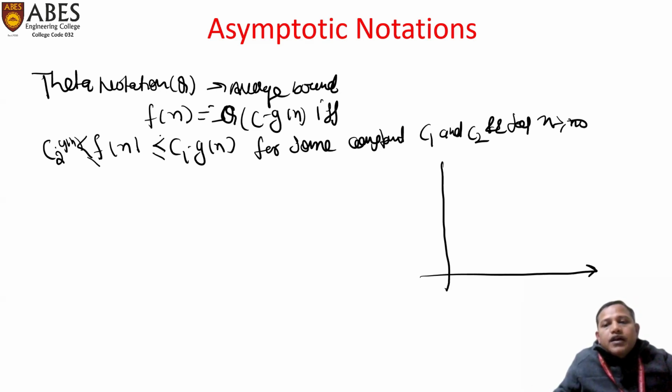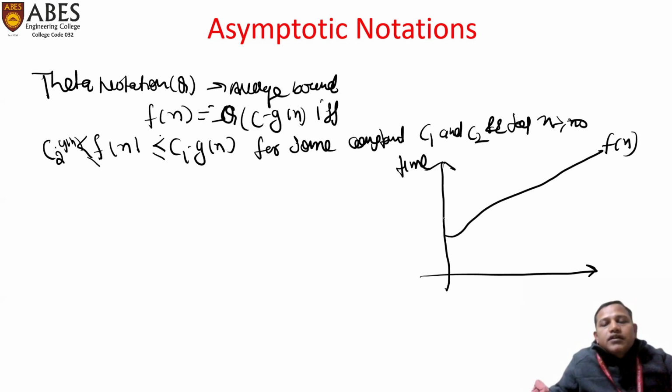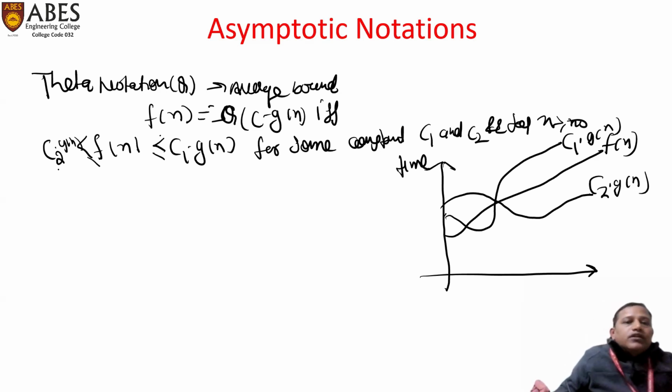This is input size n and this is time, and if this is a function asymptotically growing like this, then this will be the c1 into g(n), and this one will be the c2 into g(n). f(n) lies between c1 g(n) and c2 g(n).